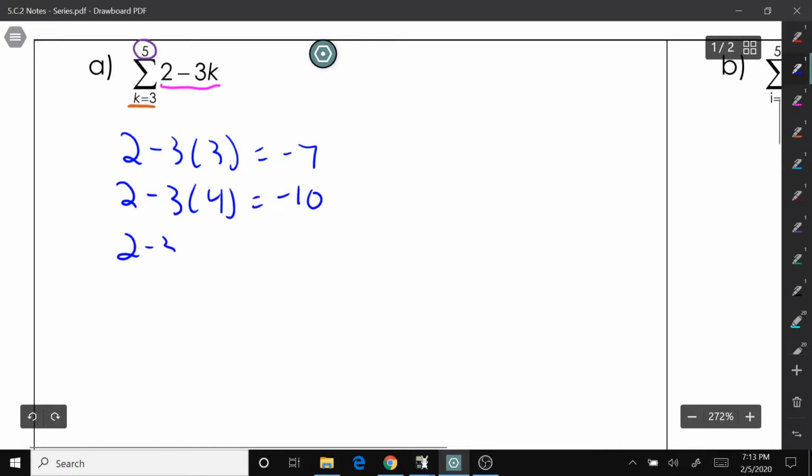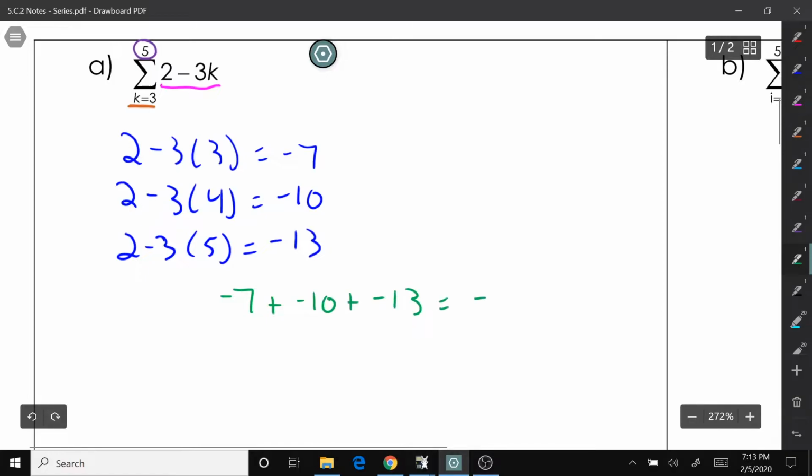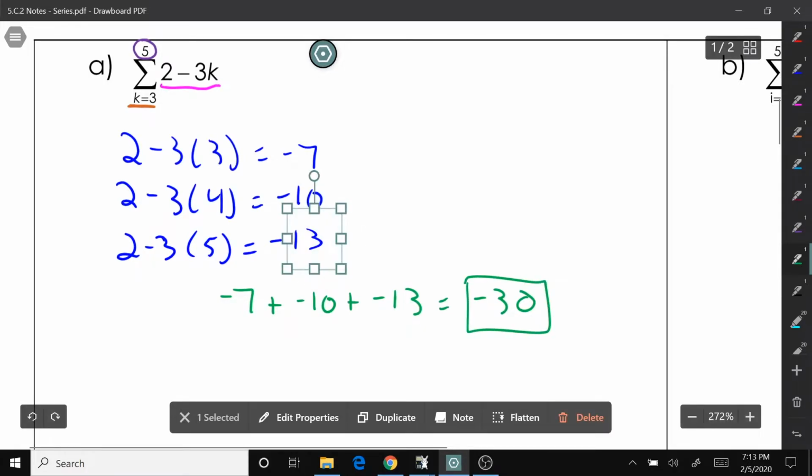And 2 minus 3 times 5, which equals negative 13. So now I'm going to add these three things up. So negative 7 plus negative 10 plus negative 13, and that equals negative 30. So our sum is negative 30.